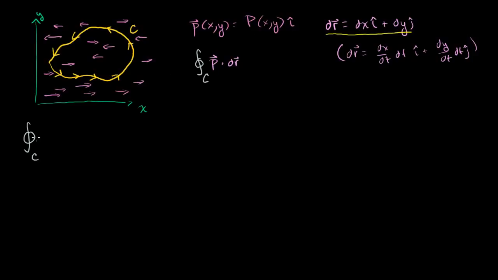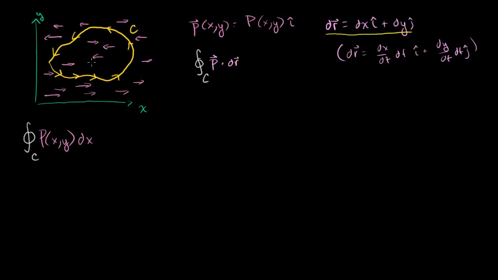So we get P of xy times dx, plus, well, there's no j component: 0 times dy is just going to be 0. So our line integral simplifies to this right here. This is equal to the original integral up here. We're literally just taking the line integral around this path.